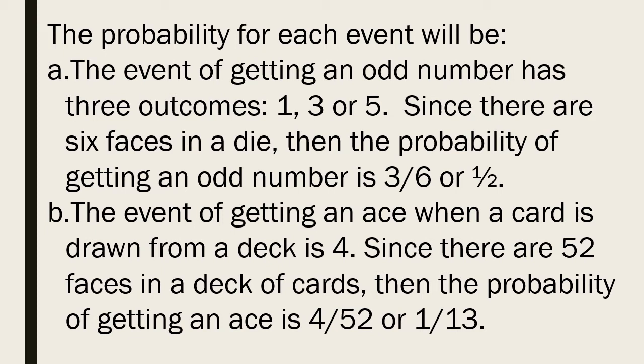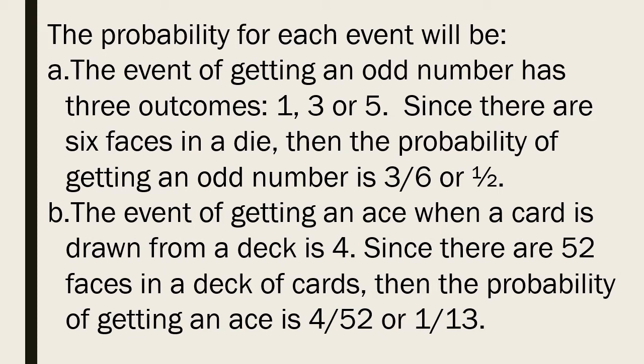Ibig sabihin, possible na ang magiging outcome natin ay yung mga odd number na yan na 1, 3, or 5. So, merong 3 outcomes na kung saan lalabas yung mga numbers na yan. So, since there are 6 spaces, the probability of getting an odd number is 3 over 6 or 3 out of 6 outcomes or 1/2.